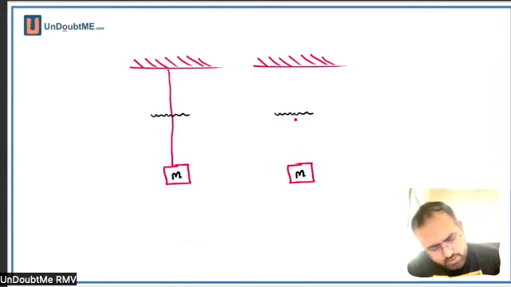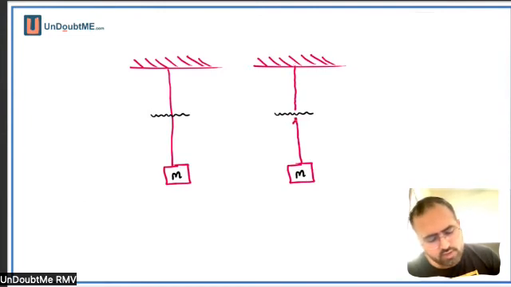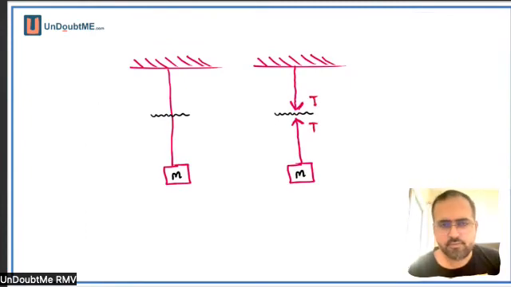This is separate and this is separate. I hope you understood what I have done. I've just cut the string from there. Whenever we are cutting the string from any point, Newton's third law comes into action and it will always create an equal and opposite action-reaction pair of tension. Is this thing clear?